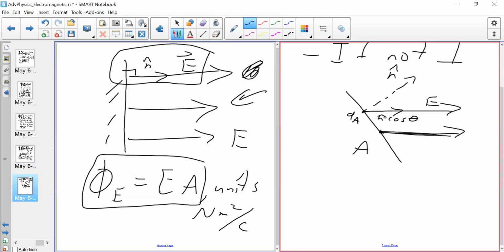We're looking at the piece of this area that's moving in that same direction as N hat, which is dA. So we say, in this case, d phi E equals E dot dA, cosine theta, rather.